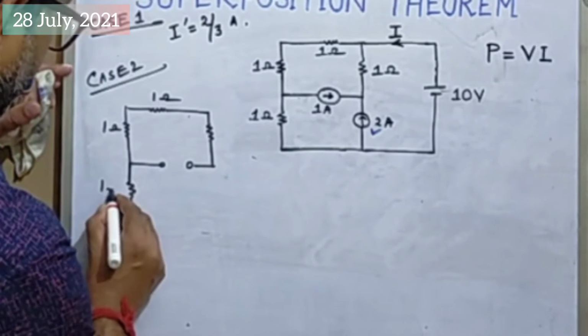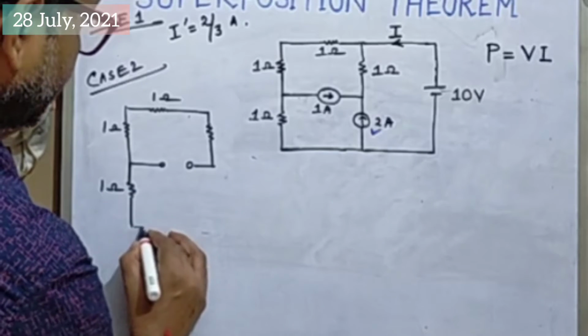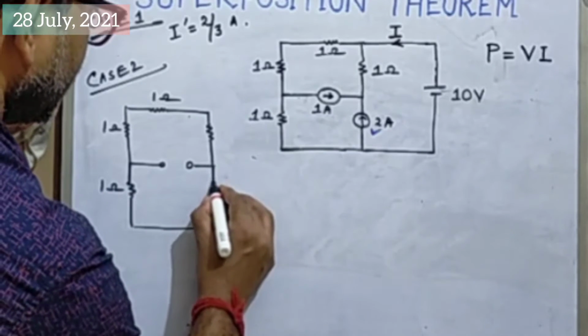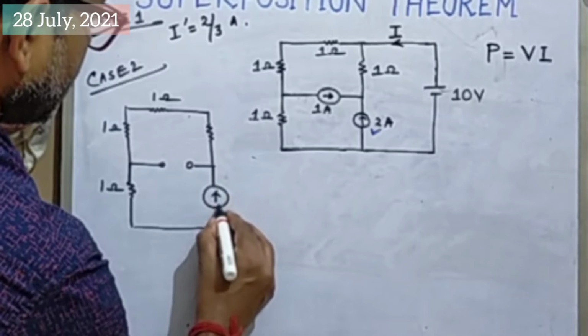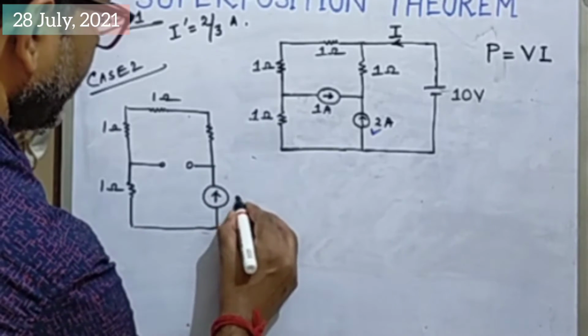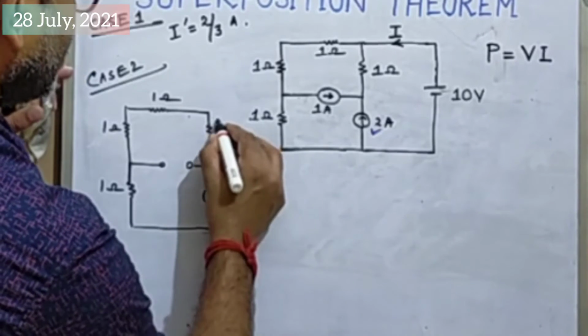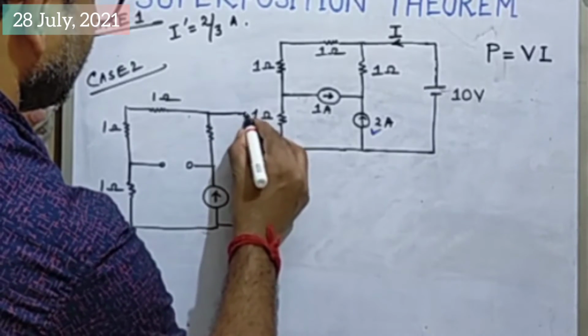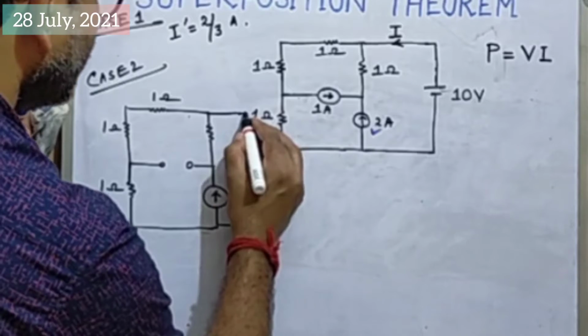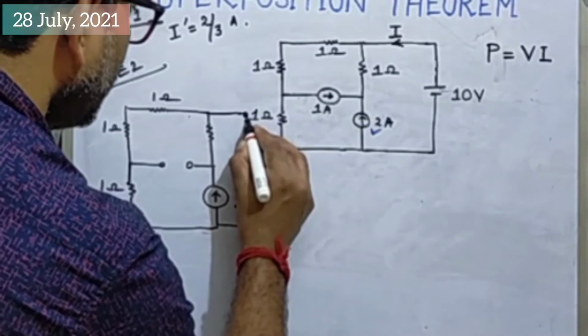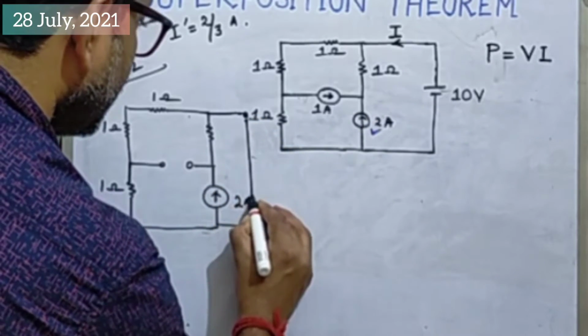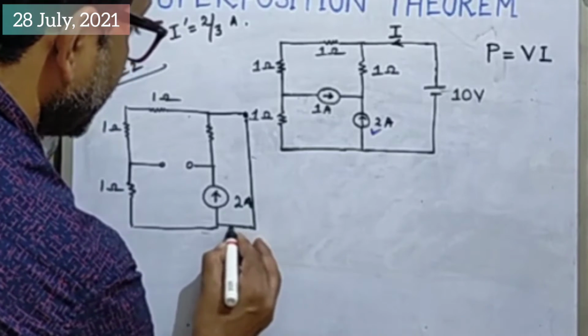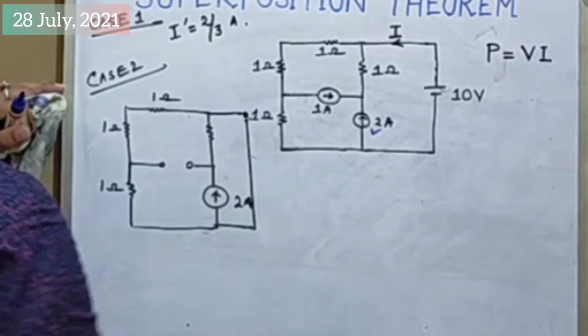There is also 1 ohm, and the driving source is 2 ampere, and this voltage source will be eliminated or replaced by making the circuit short.